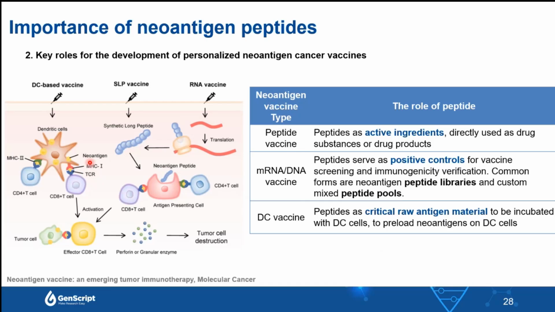We need to preload the neoantigens on DC cells, so they can pass the signal to T cells for the stimulation, and later tumor cell destruction.